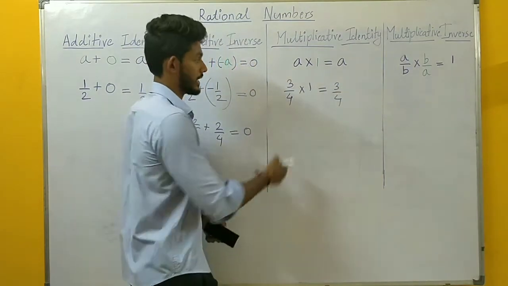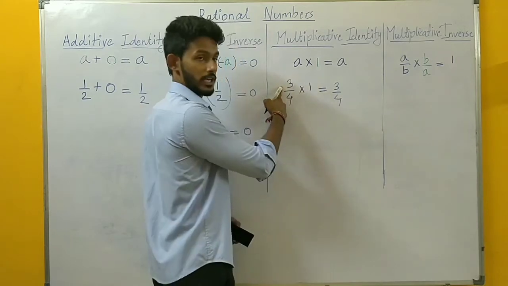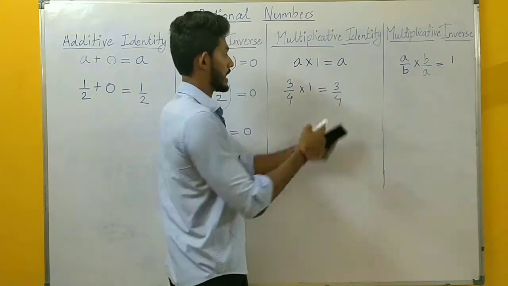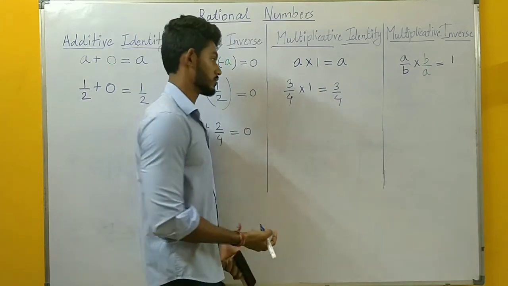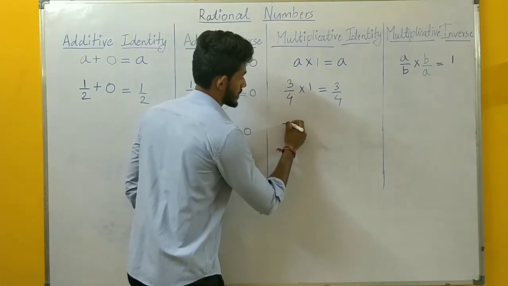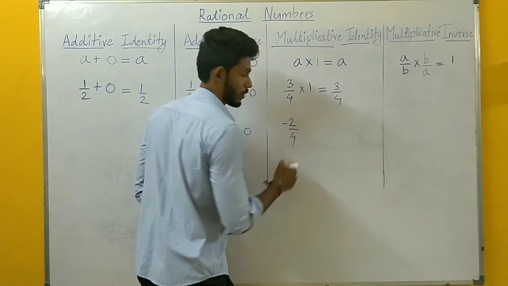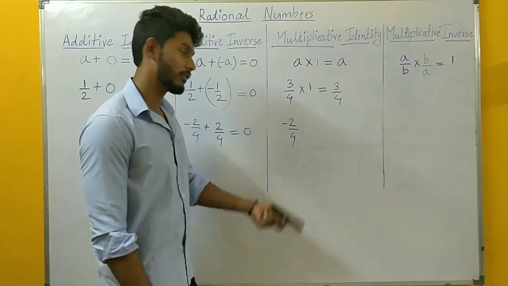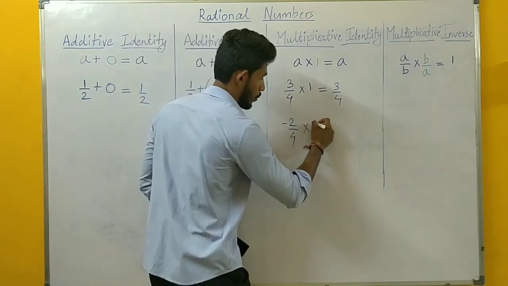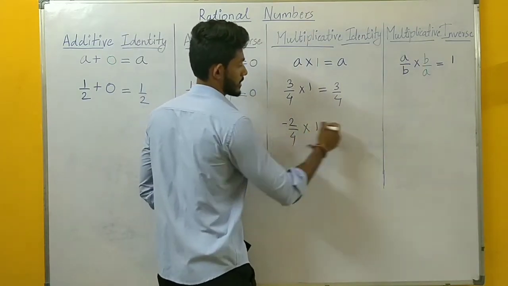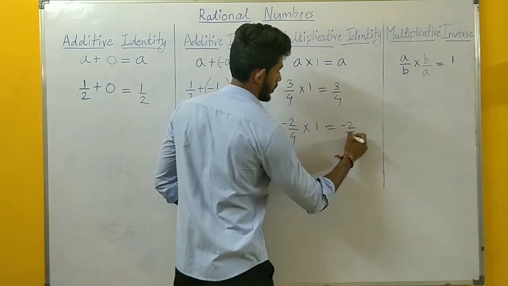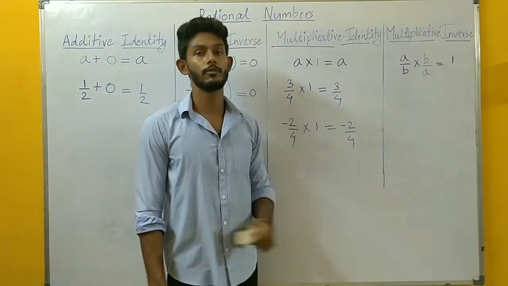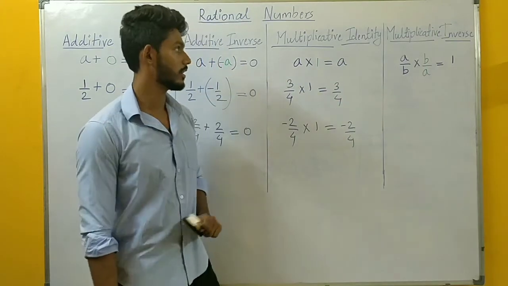This 1 can be written as 1 upon 1, and then we multiply numerator to numerator and denominator to denominator, so the answer won't change. The next example: negative 2 upon 4. The multiplicative identity for this number is also 1, and the answer will be negative 2 upon 4. So 1 is the multiplicative identity for all the rational numbers.